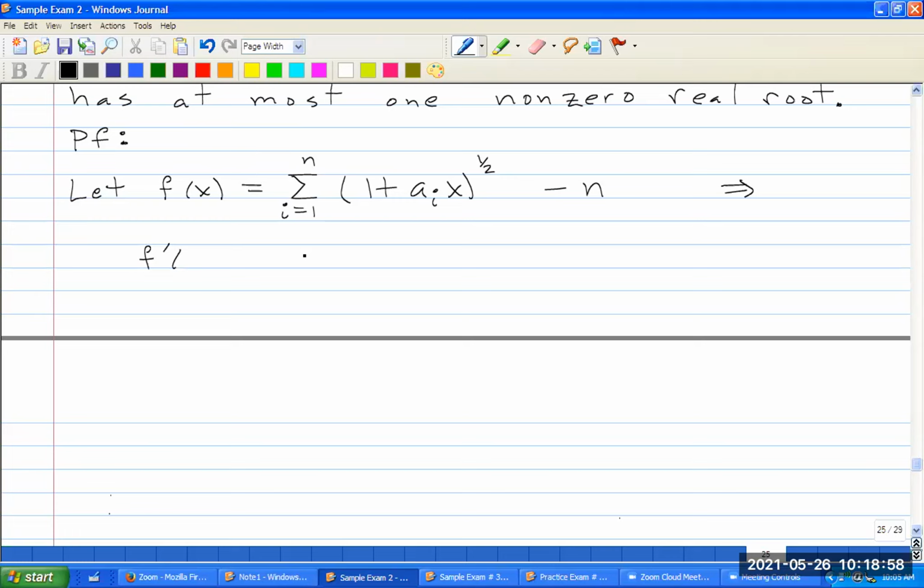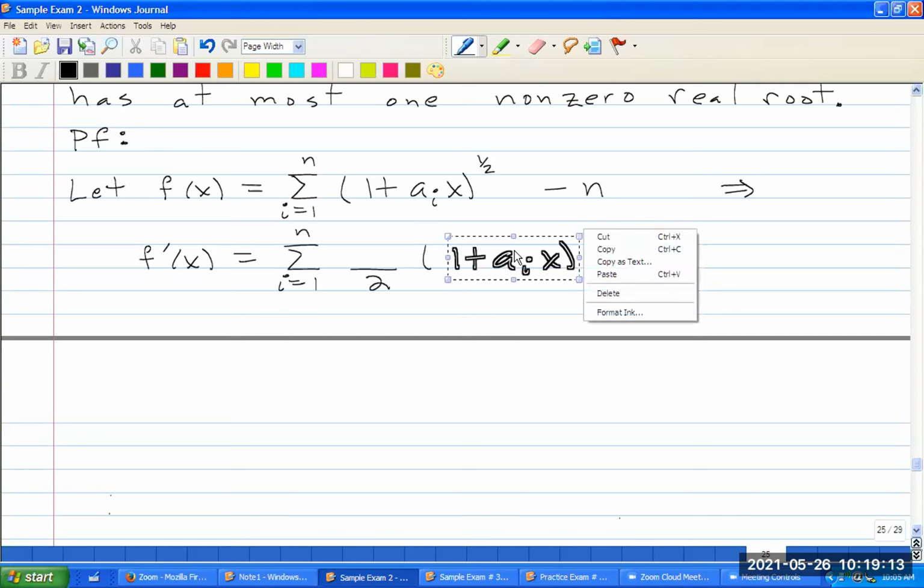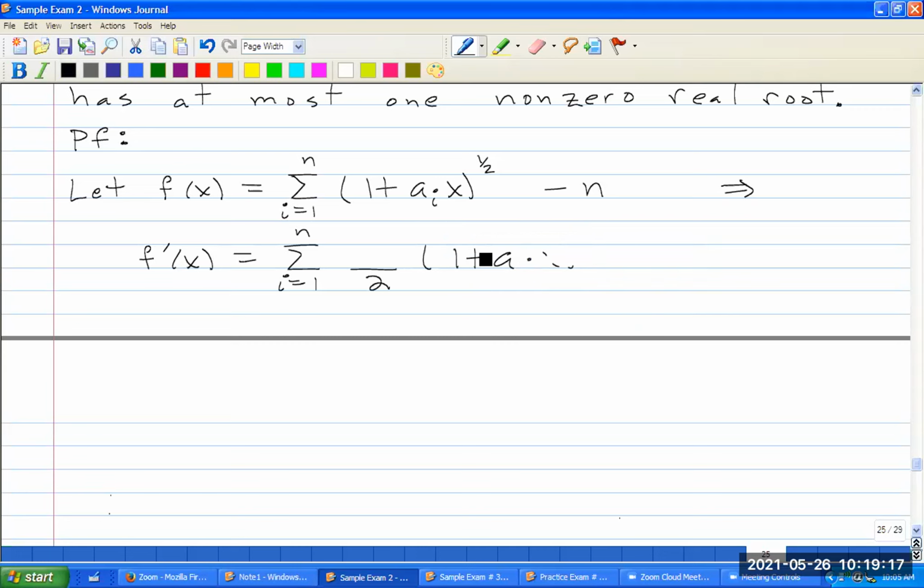So f prime is the sum of 1/2 times, well, (1 plus a sub i x) to the negative 1/2, all times the derivative of what's inside, which is a sub i.